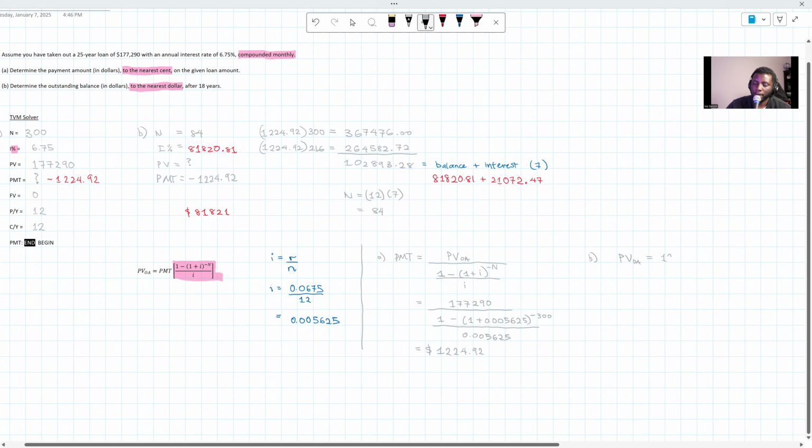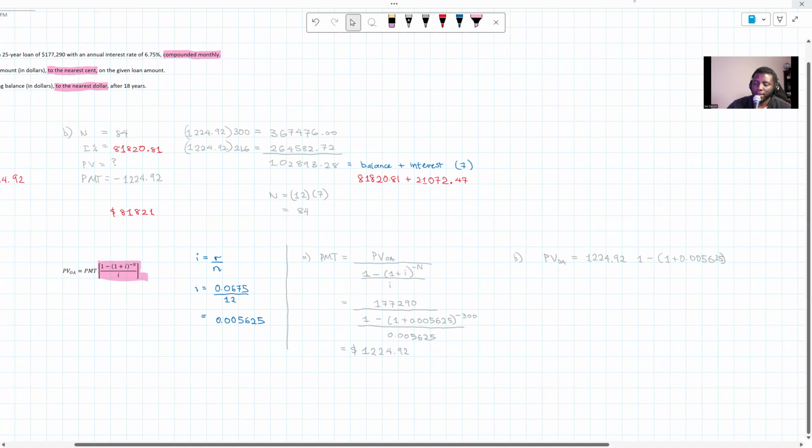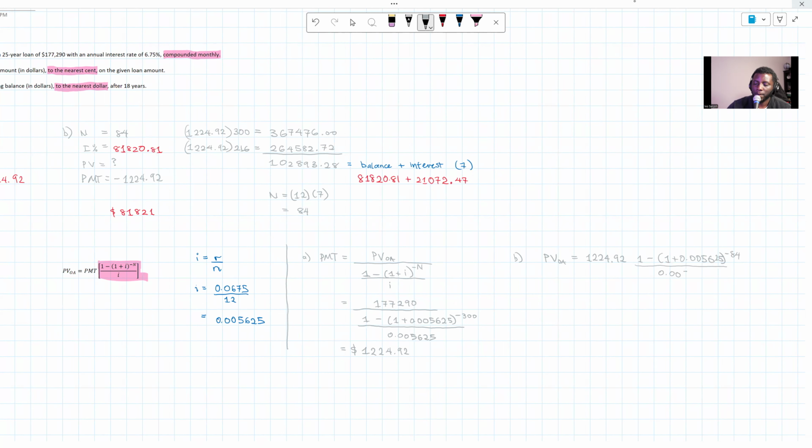The payment remains the same, times 1 minus 1 plus 0.005625 to the power negative 84, divided by 0.005625.